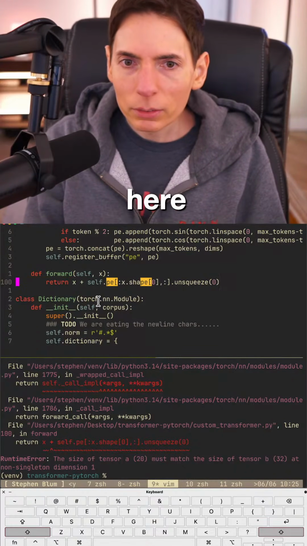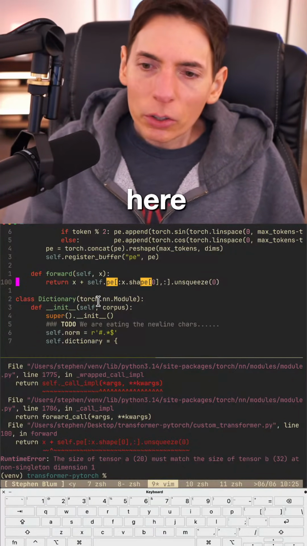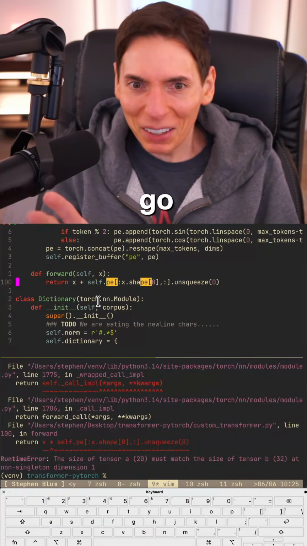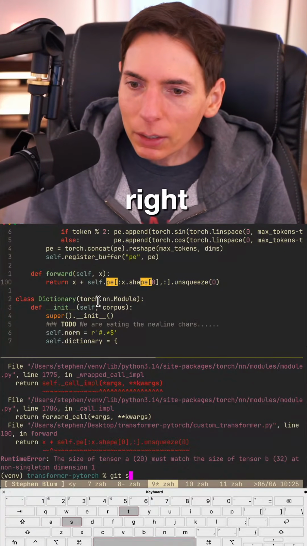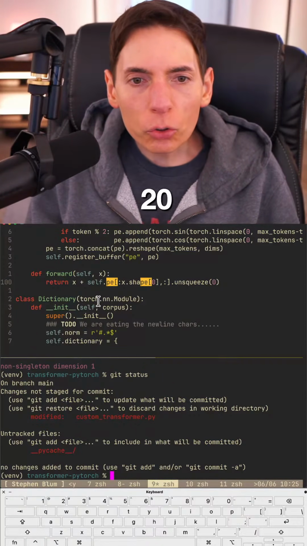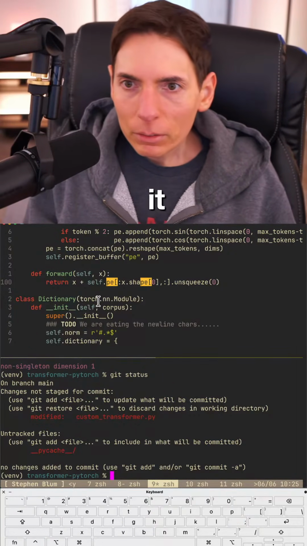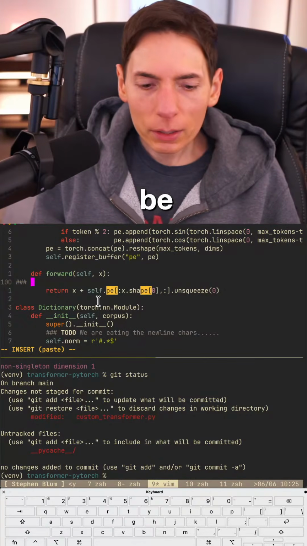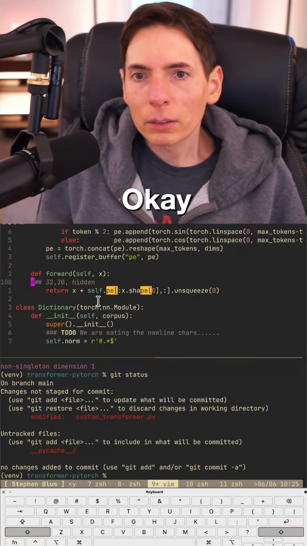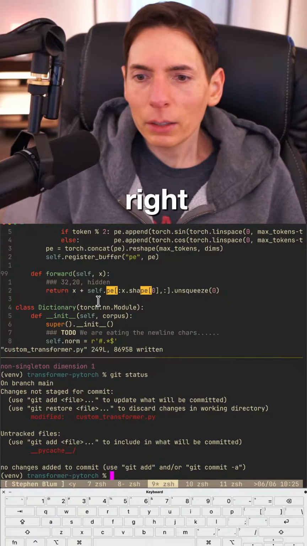Here, I'll tell you what. We're going to commit this, and then I have to go. All right. Git status. Git add. Yeah, you should be 32, 20, hidden. Okay, got it. All right. So I'm going to write that down. You said 32, 20, hidden. Okay. Indent that.